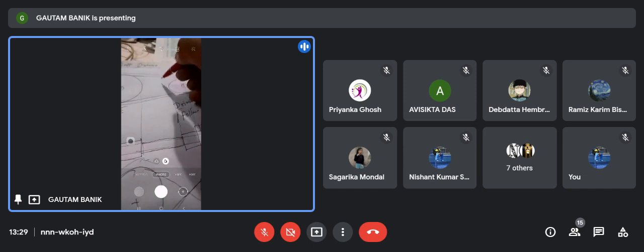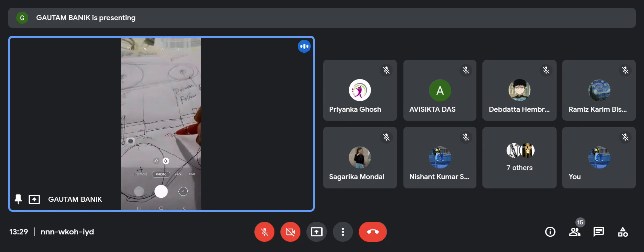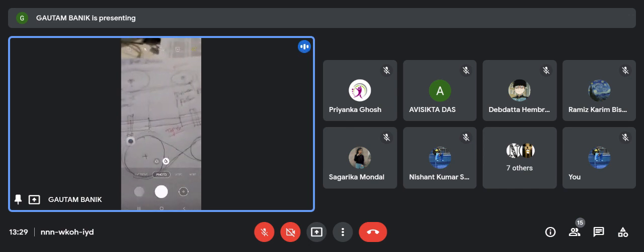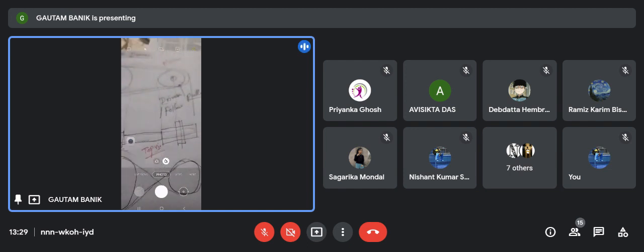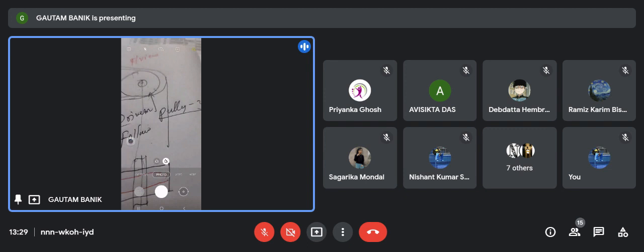The top view. This is the front view according to our engineering drawing. Front view, and this is the top view. And you can also draw another view, that is the side view, left hand side view or right hand side view. It shows two circles.